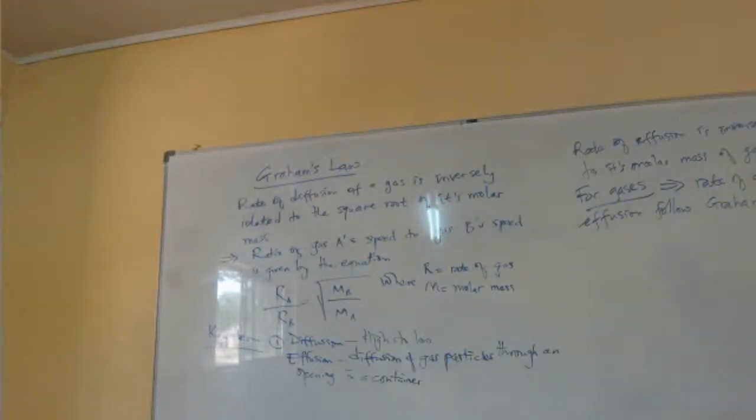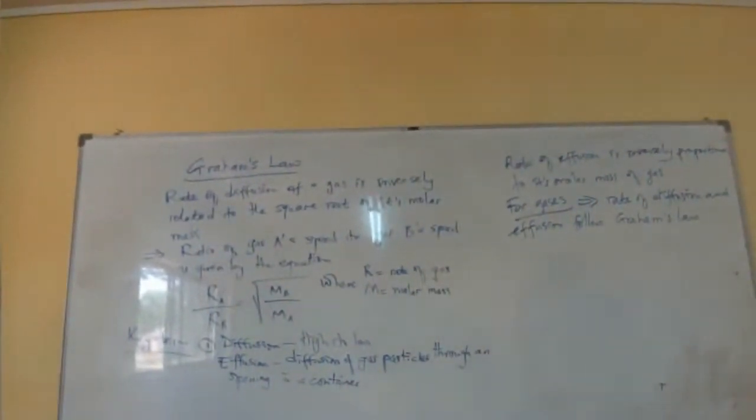Meaning that we can use this law to predict what you need to expect when you are given a question that deals with gases. If you are given a gas, depending on its weight, you have to compare it with another one. The one with the lighter mass, you expect it to effuse quickly.